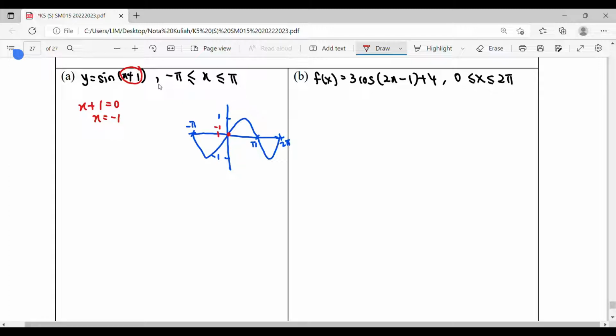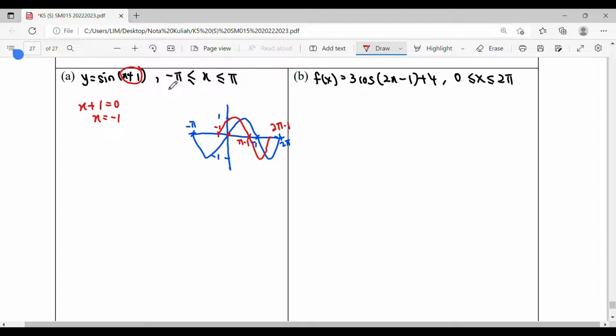We will start from -1, go up, come down, and then end. For this intersection pi, it will become pi minus 1. For this intersection, it will become 2 pi minus 1. Same for the negative part.